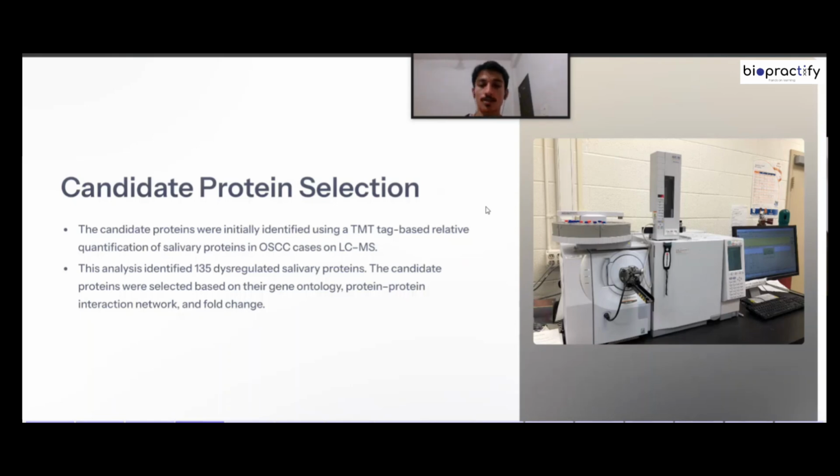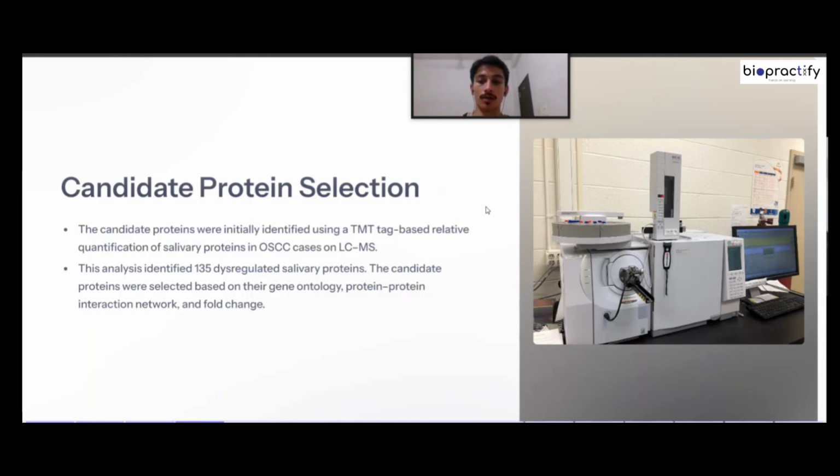So what does this mean basically? TMT tag based relative quantification: TMT, that is tandem mass tag, is a procedure generally used in tumor research, where the tumor markers are identified, in which the proteins are quantified using the TMT tag.